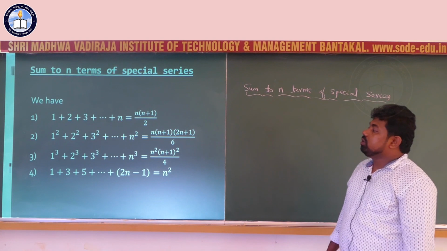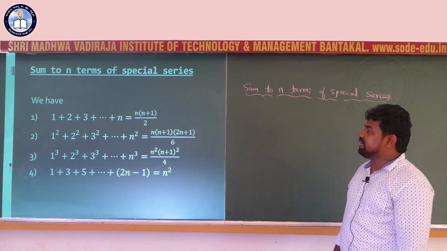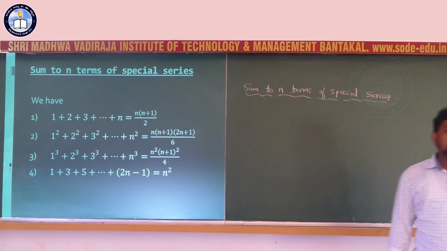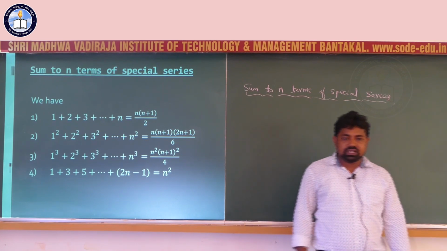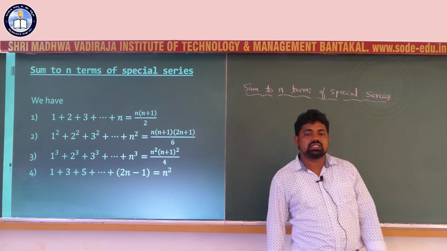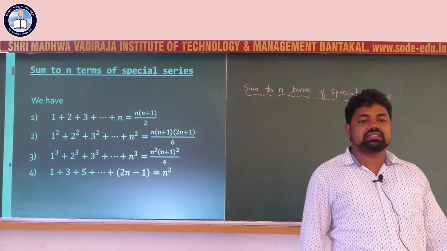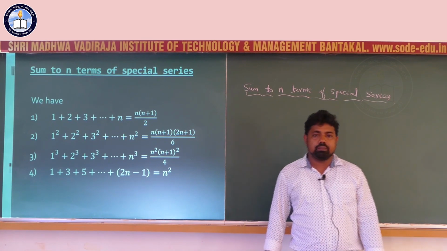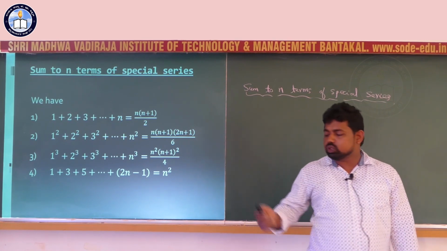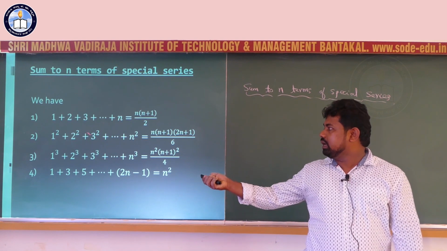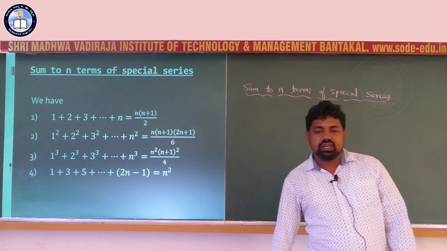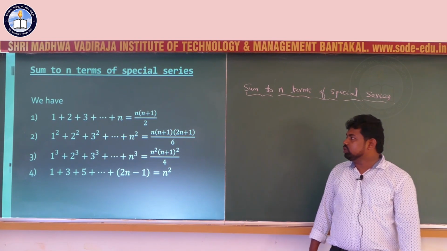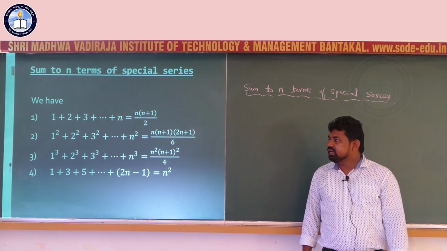We have 1 plus 2 plus 3 up to n equal to n into n plus 1 by 2. Sum of first n natural numbers. 1 square plus 2 square plus 3 square up to n square equal to n into n plus 1 into 2n plus 1 by 6.